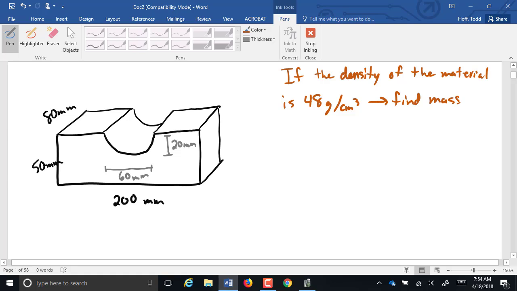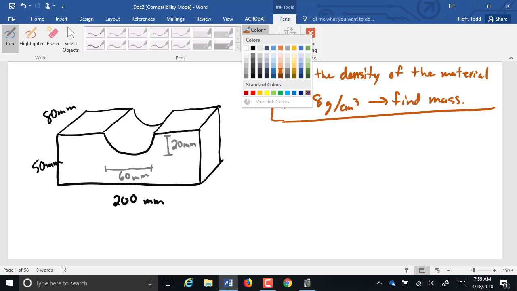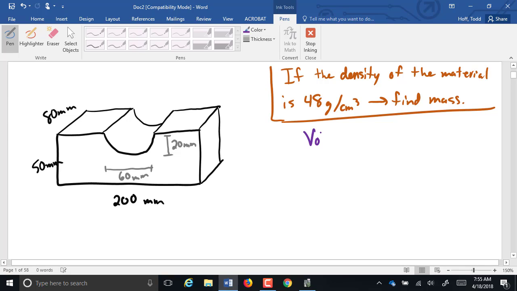Find the mass of the block. Now, of course, to find mass from density, you need to know the volume. Mass is equal to density times volume, or volume times density. So this is kind of a sneaky way of asking you to find the volume.